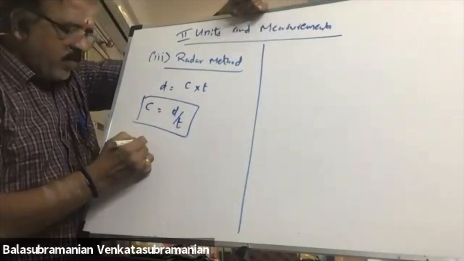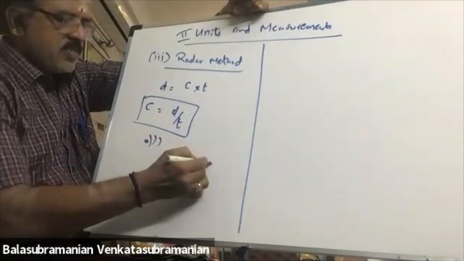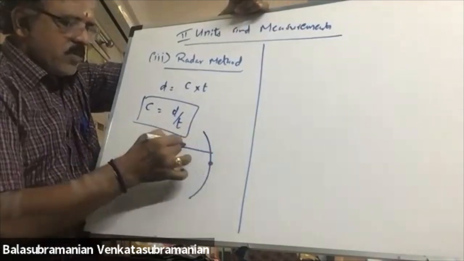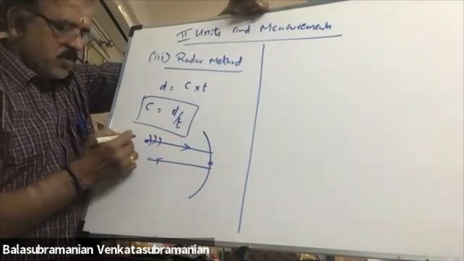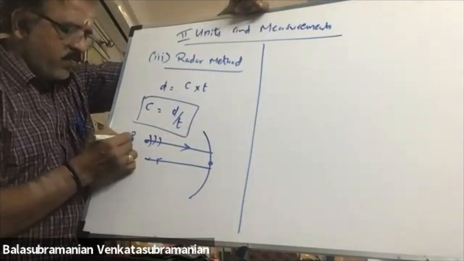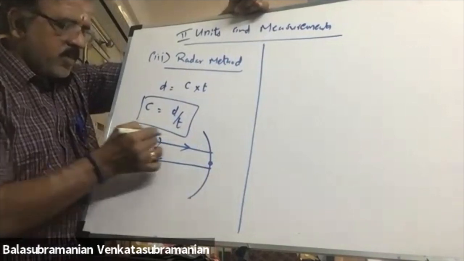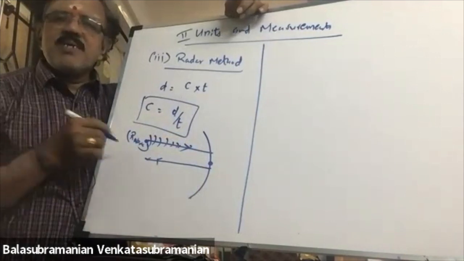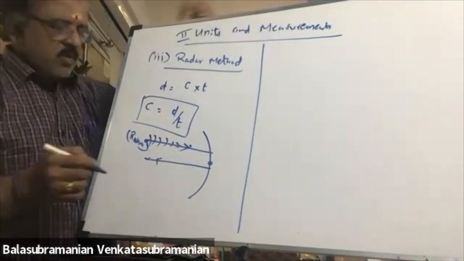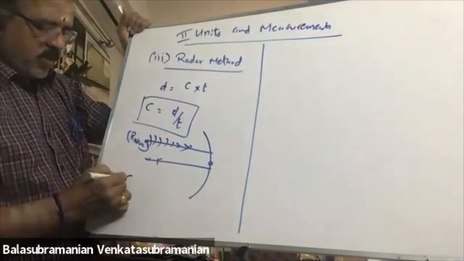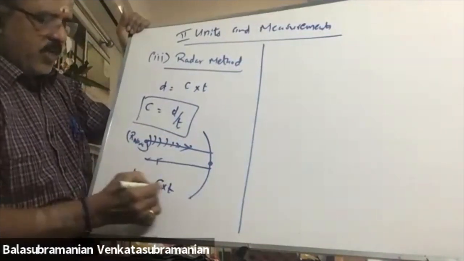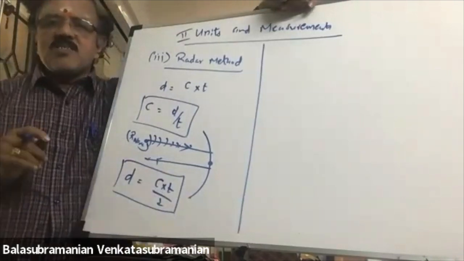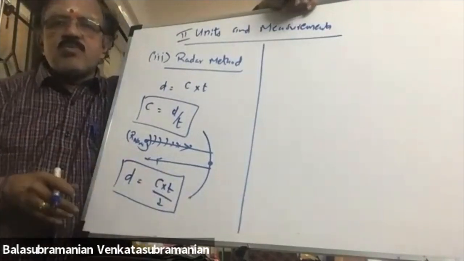Here we have the radio waves, and this is the target. This is the radio wave you are sending from the transmission end. So the distance will be c into t by 2. The distance is equal to velocity into time only, so why are you dividing by 2?